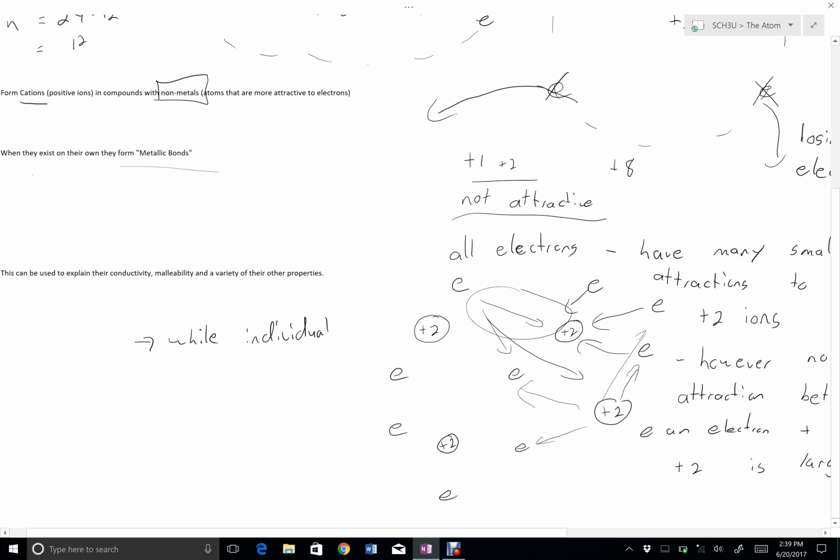So while individual interactions are small, there are many of them, leading to a large overall attraction.